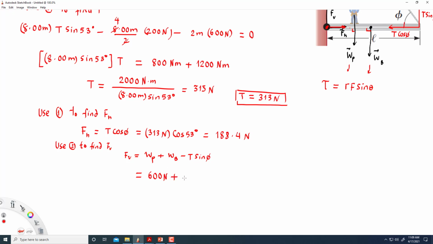WB is the weight of the beam, which we are considering to be 200 newton, minus T, which is 313 newton, sine 53 degrees.